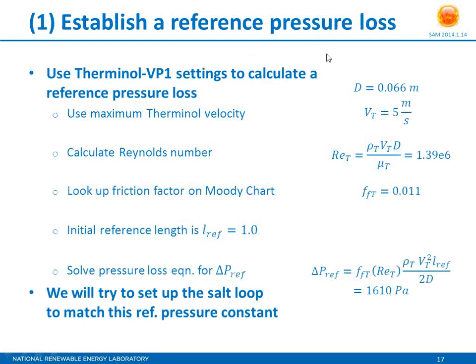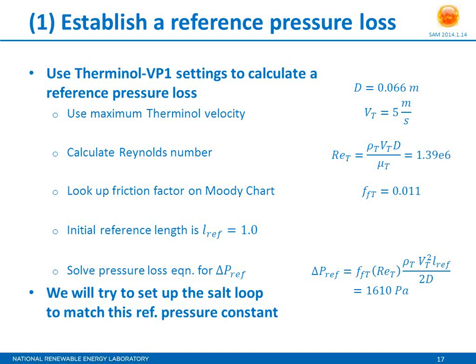All right, so the first step, what we're trying to do, is calculate the maximum HTF velocity in the field. The first step in doing this is we want to establish a reference pressure loss. We're trying to match our thermal case that we already know something about with the new case, the molten salt case.